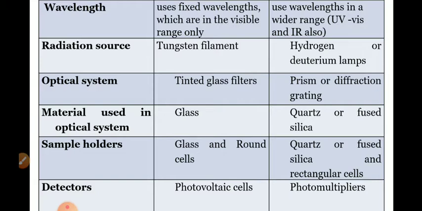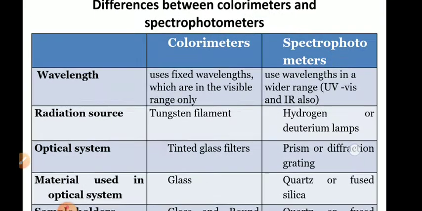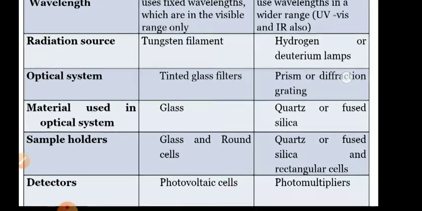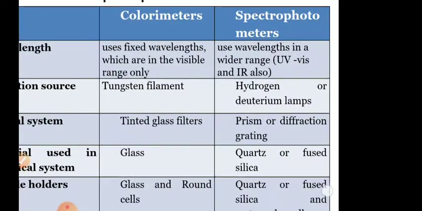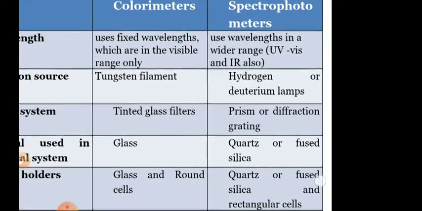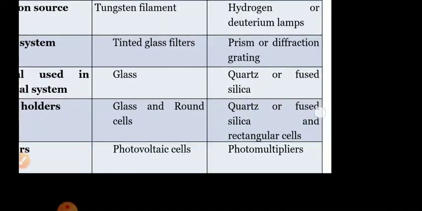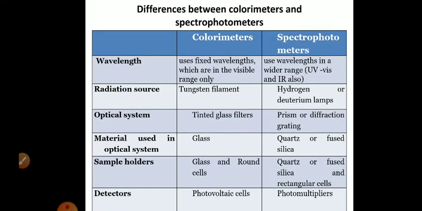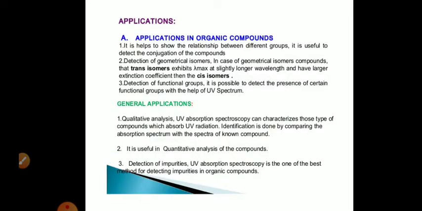As far as detectors are concerned, the most common type used in colorimeters are photovoltaic cells. The most common type used in spectrophotometers are photomultipliers. So that is the basic difference between a colorimeter and a spectrophotometer.